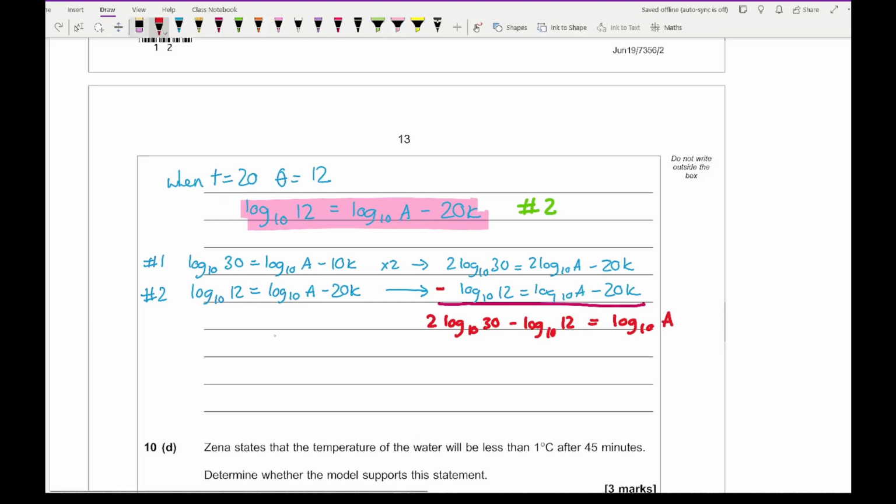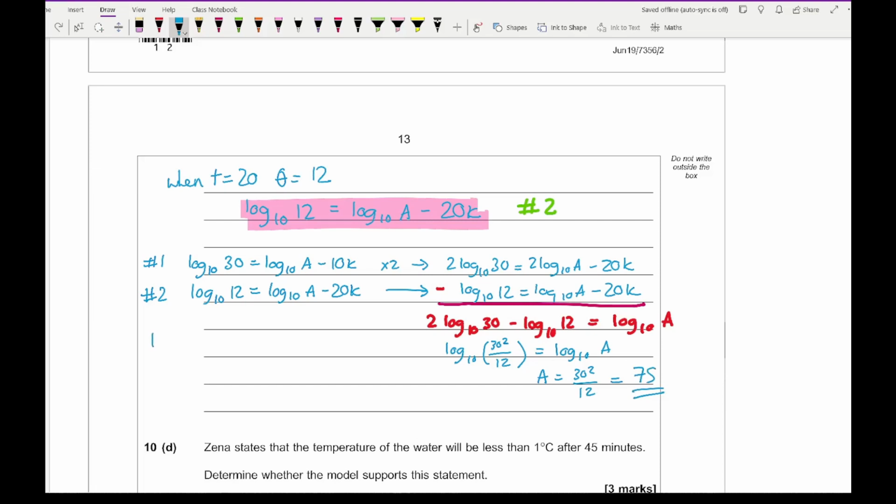And then doing a bit of rearranging, writing this left hand side as a single logarithm, I can write this as log 10 of 30 squared, minus means divide, divided by 12 equals log 10 of a. And so a equals 30 squared divided by 12, which equals 75. Now from that, what I can then do is work out k.